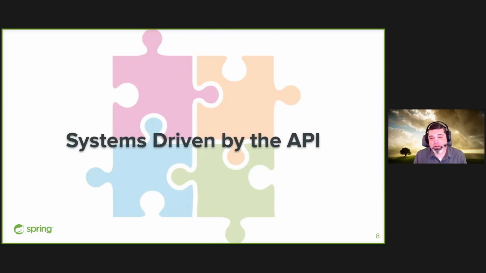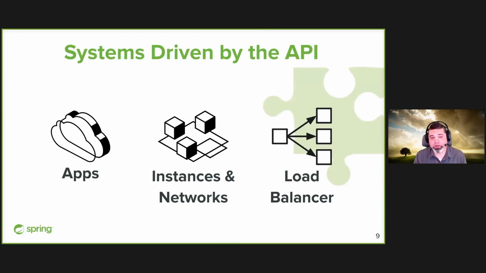So cloud-native APIs are really composed by cloud-native systems, and not just cloud-native apps. We've heard about those for a long time. There are individual instances, there are networks, there are load balancers, but all those things together acting cohesively are the API.